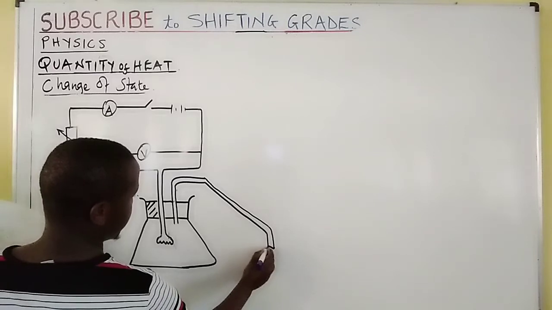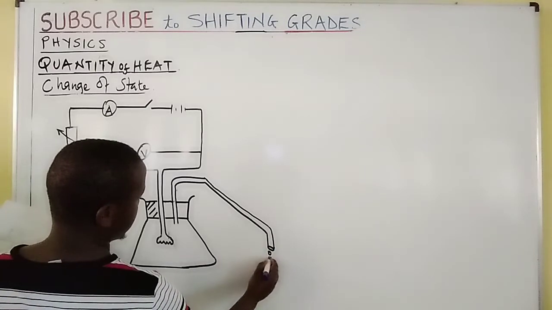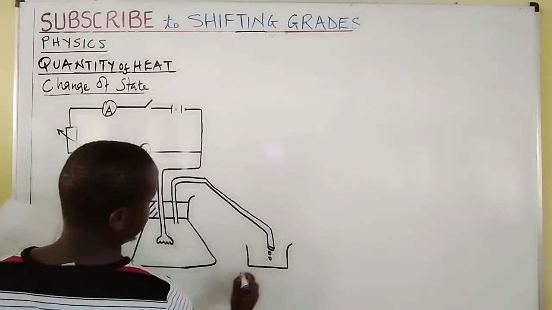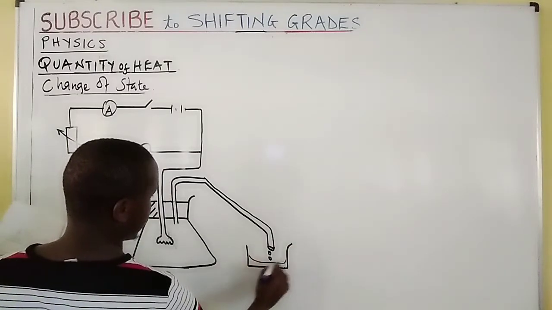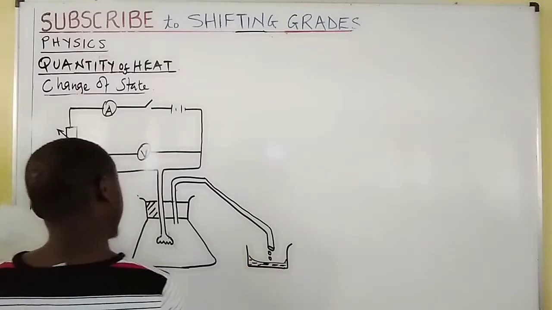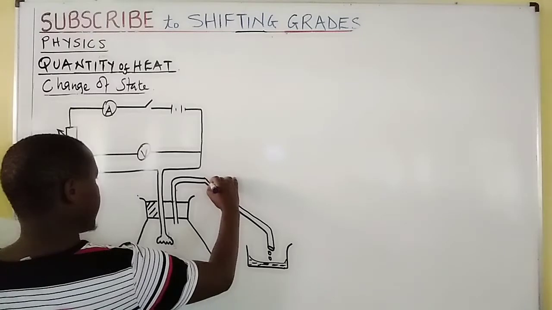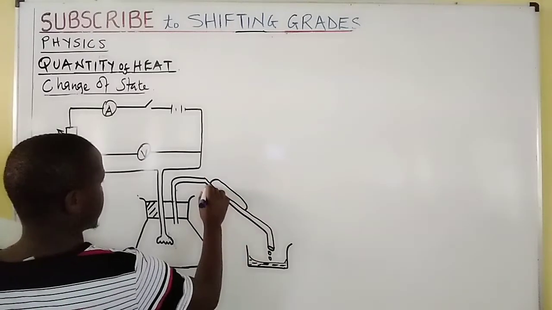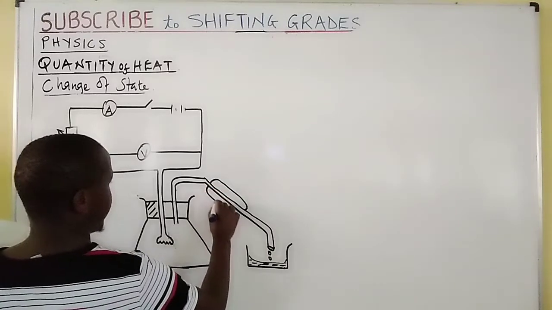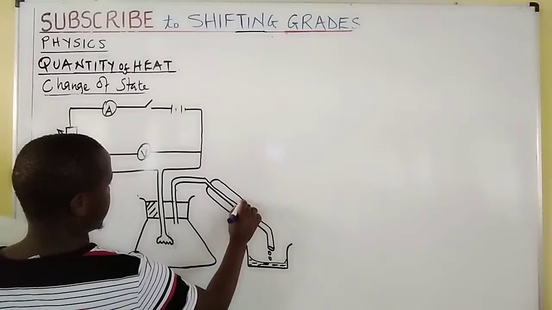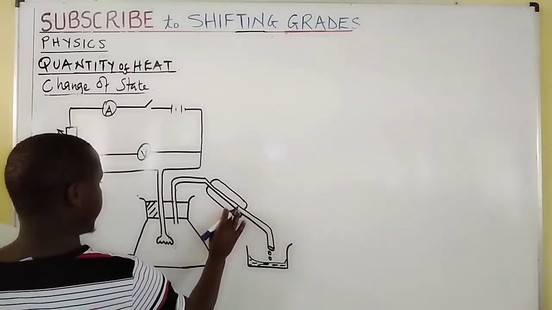So water droplets will be condensed and collected. So this is a beaker. So we have this system to enhance the cooling of the steam generated.